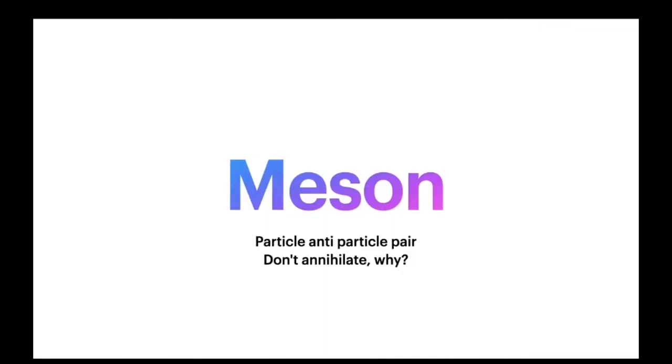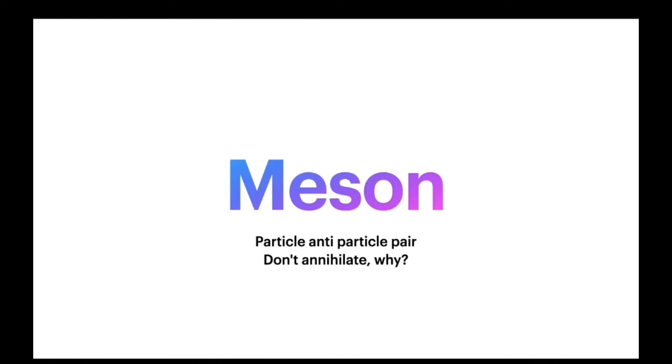Mesons. A meson is a particle and an antiparticle. Why? We all know they annihilate each other. Particle, antiparticle. We have seen many YouTube videos. Then how can we call a particle and antiparticle a pair? It's simple. For a particle and an antiparticle annihilation to occur, they should be of the same flavor. An up quark can only annihilate an anti-up quark, and a down quark can only annihilate an anti-down quark.